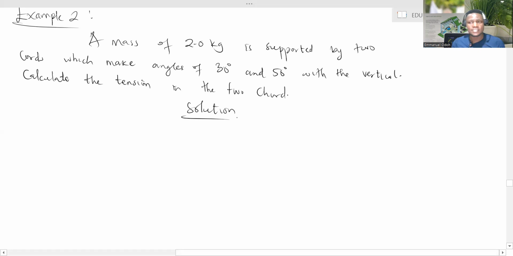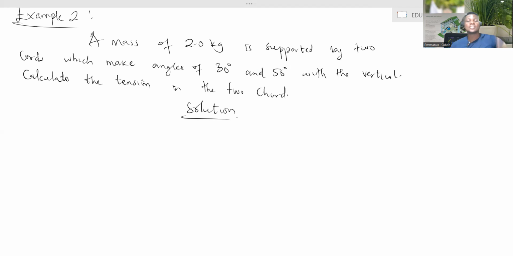Now we have a mass. Remember, the mass will have a weight because it is acted upon by gravitational force. The weight is the mass times the acceleration due to gravity.